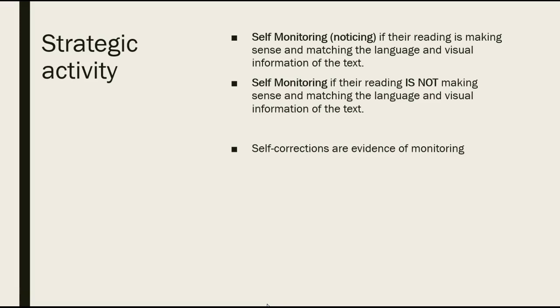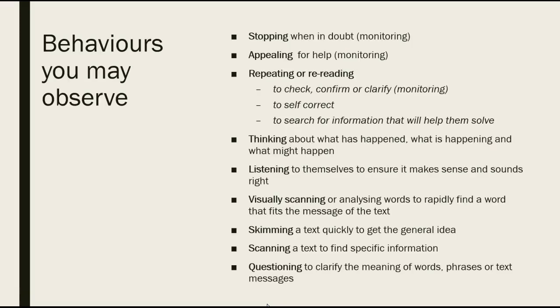Self-correcting mismatches or substitutions by searching for more information is a common behaviour, and integrating multiple sources of information from each of the three cues, and making discoveries about the messages, the language, the orthographical and phonological information in the text. All of these things come together also as part of orchestration.